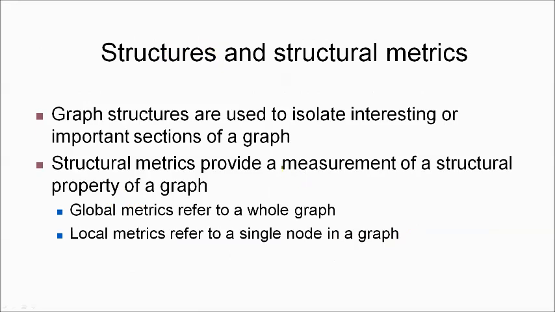So, structures and structural metrics. Graph structures are used to isolate interesting or important sections of a graph. Structural metrics provide a measurement of a structural property of a graph. Global metrics refer to a whole graph, and local metrics refer to a single node in a graph.